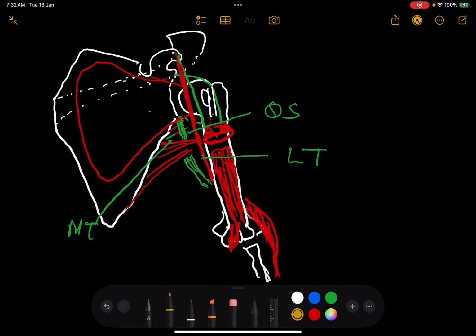The lateral cord gives a lateral pectoral which supplies the pectoral minor, and the medial pectoral which supplies the pectoralis major and minor both. Then the lateral cord continues as the musculocutaneous.